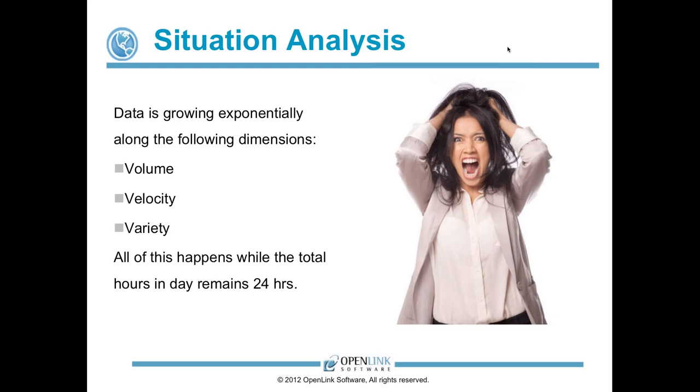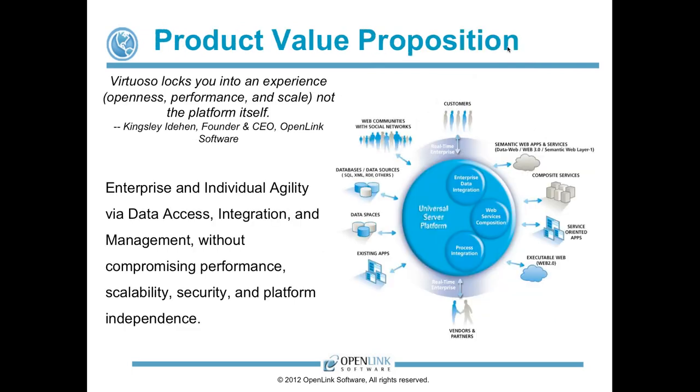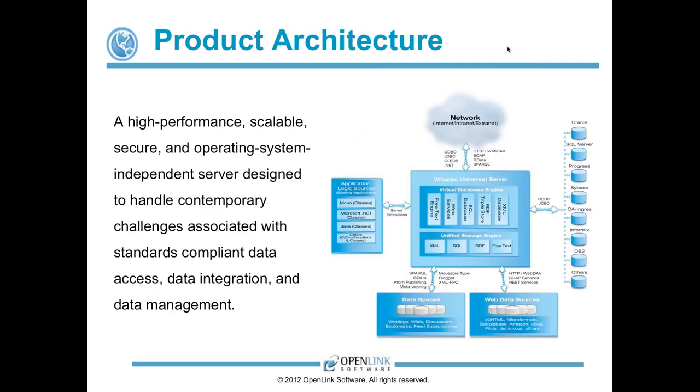So moving on quickly to the Virtuoso overview. We are all seeking to solve the problem of data growing exponentially in terms of velocity, volume, variety, which Virtuoso helps in providing a solution for. Virtuoso provides an enterprise solution in any of the application domains indicated in this diagram.